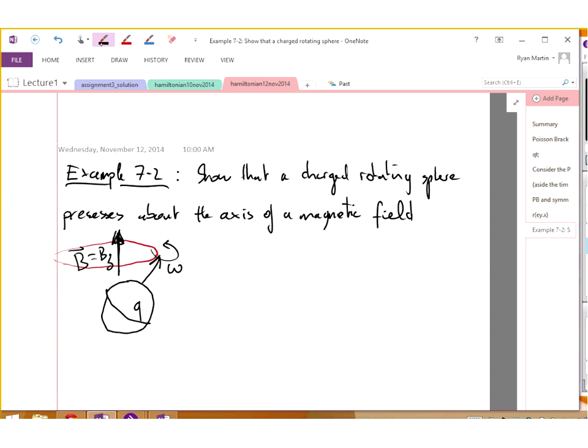So what we first need to do is write out the Hamiltonian. So the Hamiltonian in this case, H, will be equal to the total energy.